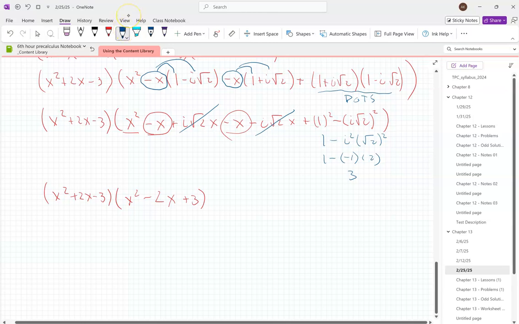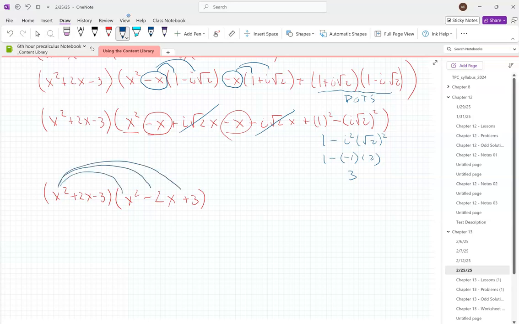And now I just need to finish my FOIL. So this is going to be like a triple FOIL. So I'm going to multiply the x squared to everything over there. And then multiply the 2x to everything over there. And then multiply the negative 3 to everything over there.